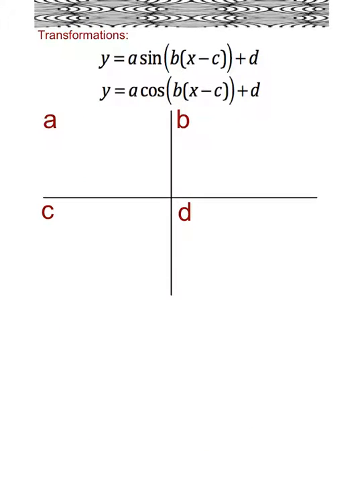And now let's review the transformations you saw in the activity yesterday. So for the A, whenever we looked at that slider for A, we saw that the A changed the amplitude, and it was specific. Whatever the A value was, that was the amplitude of my graph. So A is going to be equal to the amplitude.